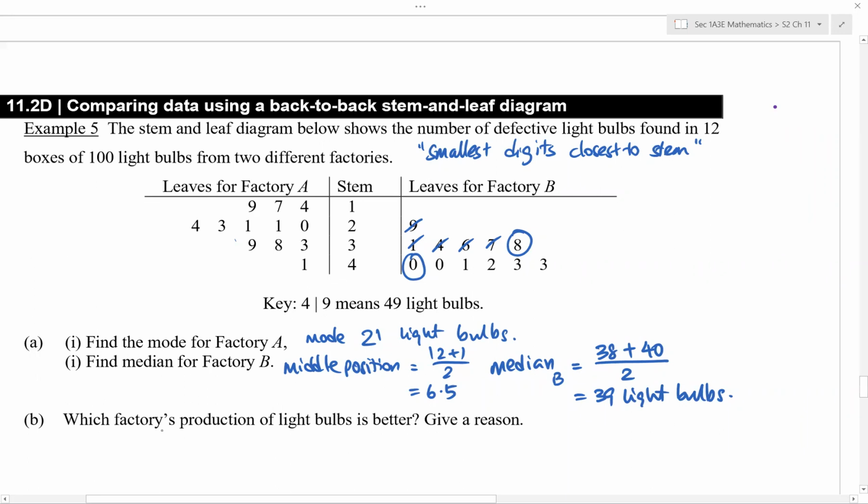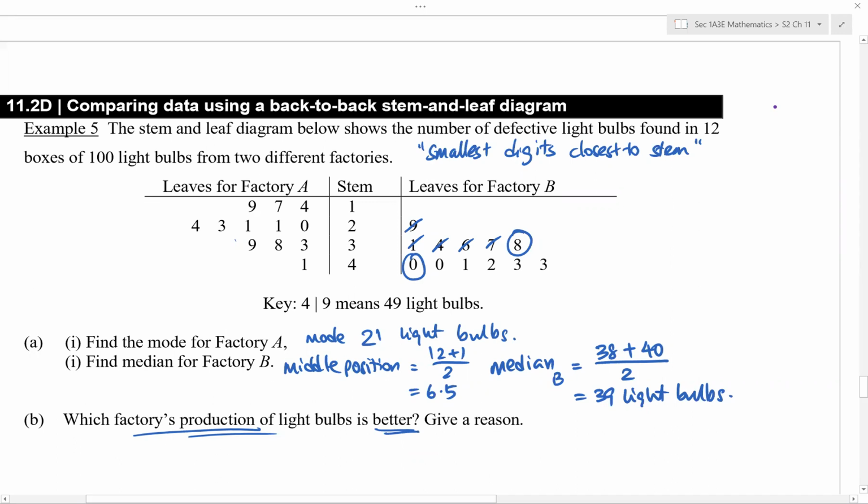So for a factory with better production, we want the number of defective light bulbs to be small. But it doesn't make sense just to compare the smallest numbers of the light bulbs in both factories. We should consider the median. Roughly on average, what is the number of defective light bulbs that each factory produces? So in this case, we should consider mean, median, mode.